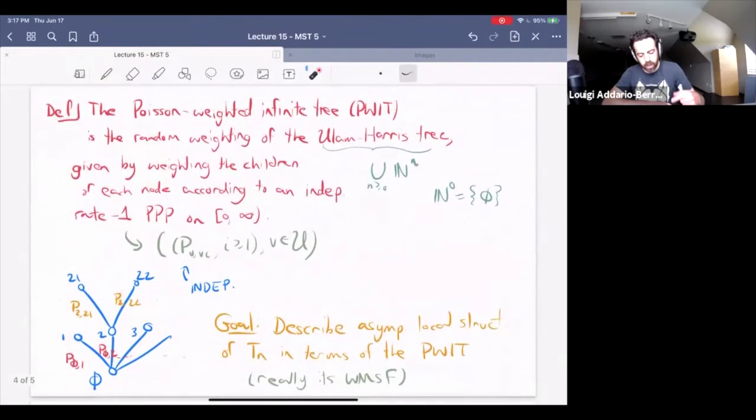Okay, and just before I do that, I can't resist the bad joke. So I've heard two stories about this name from the two people who invented it. David Aldous told me that they named it the PWIT because it's a very PWITty object. And Mike Steele said they named it the PWIT on the theory that when you're naming an object, you can do two things.